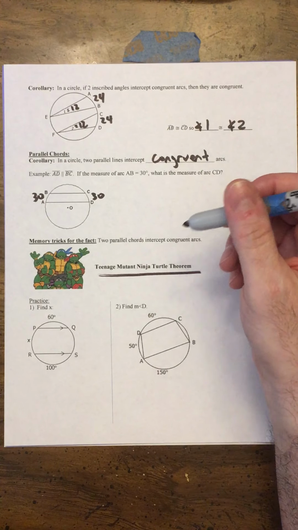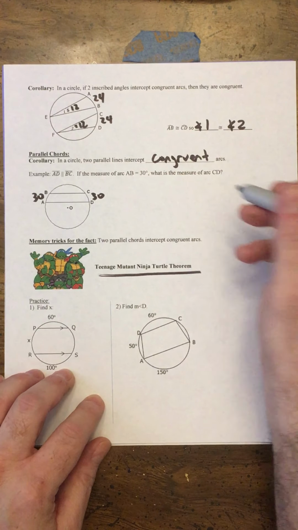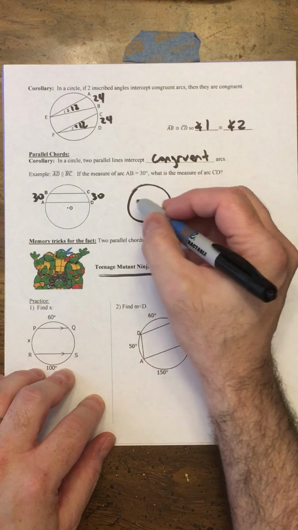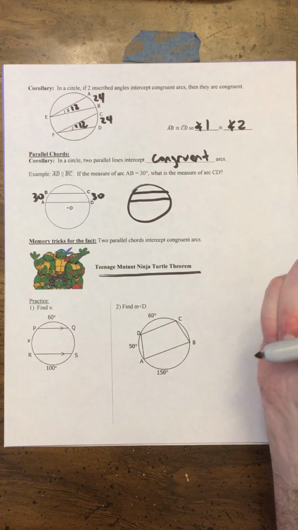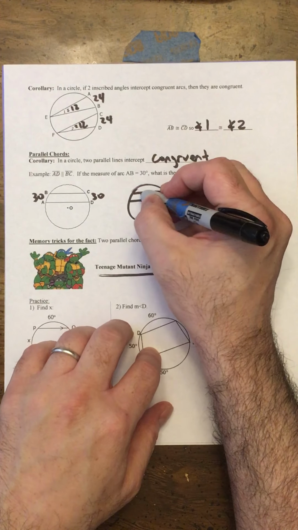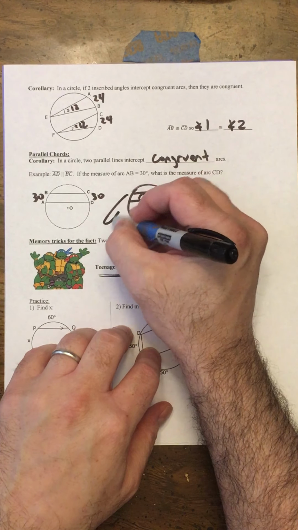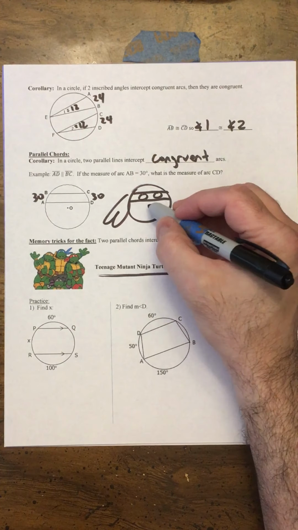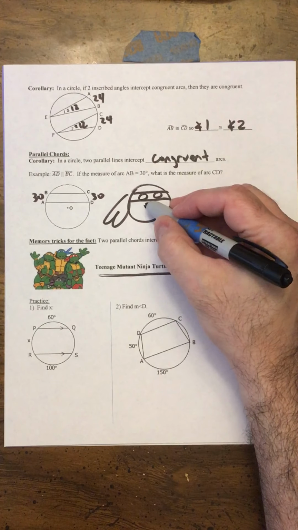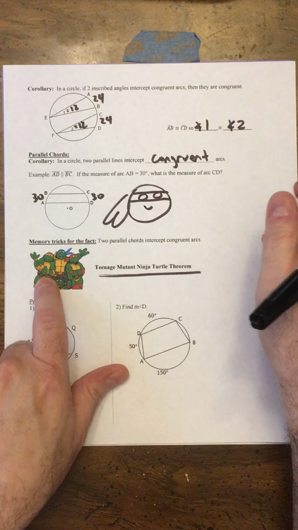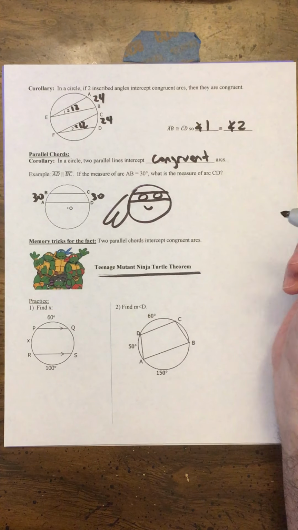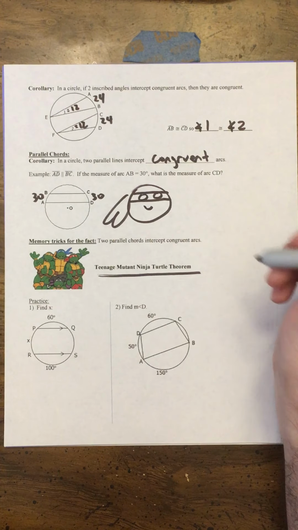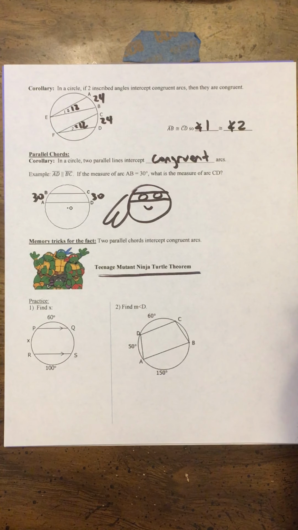You might say, what am I talking about? Well, I'll make a similar example right here. So you got your two parallel lines, right? It just looks like two parallel lines in a circle. But to me, I see one of the Teenage Mutant Ninja Turtles. You could add some features, but if you see what I mean, it looks like a Teenage Mutant Ninja Turtle. That's why I call it the Teenage Mutant Ninja Turtle theorem.